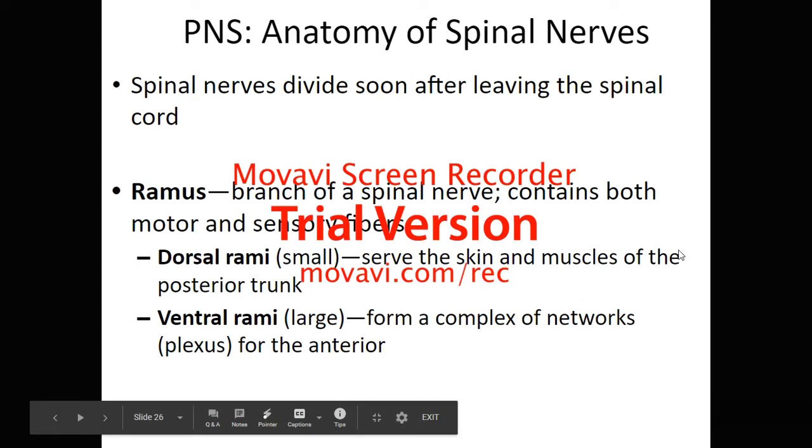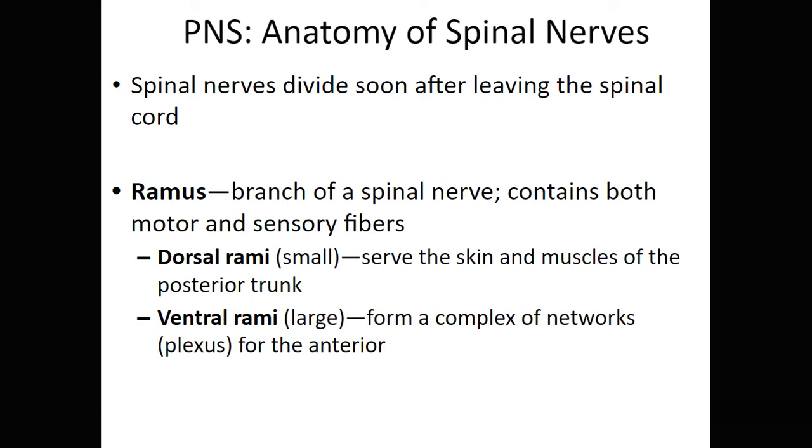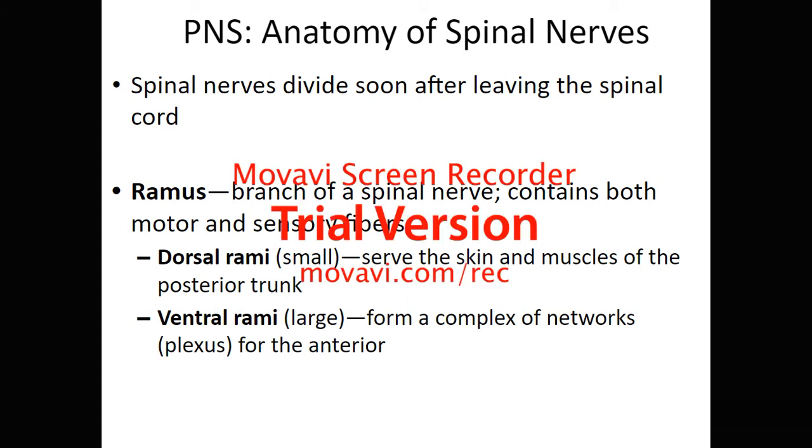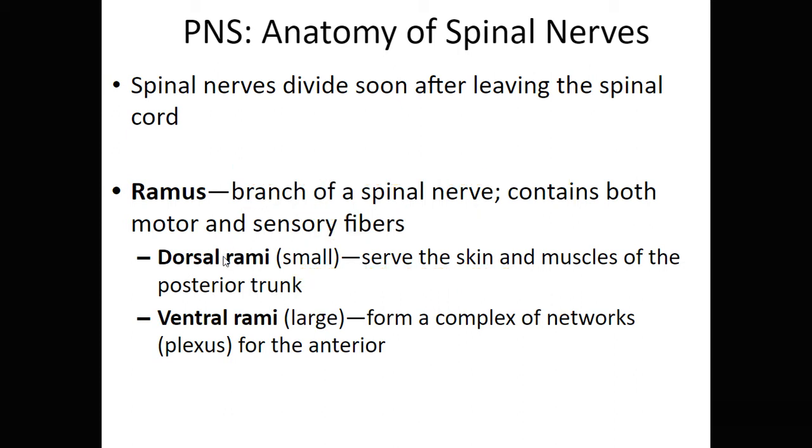All right. So a spinal nerve divides soon after leaving the spinal cord. Essentially, as soon as they leave the spinal cord, they're going to divide into dorsal and ventral rami. A ramus is the branch of a spinal nerve that contains both motor and sensory fibers. Your dorsal rami serve the skin and muscles of the posterior trunk.